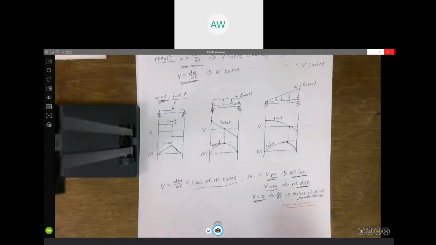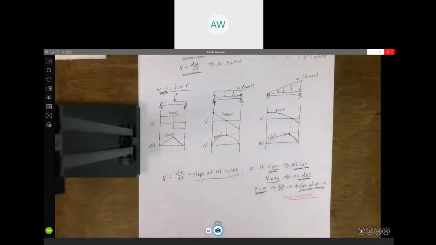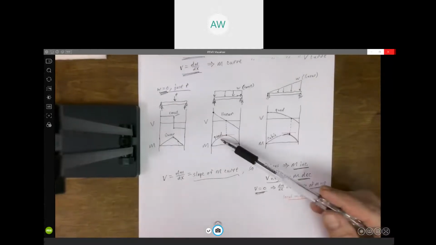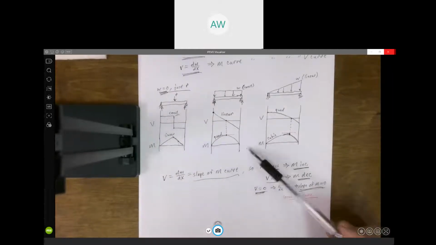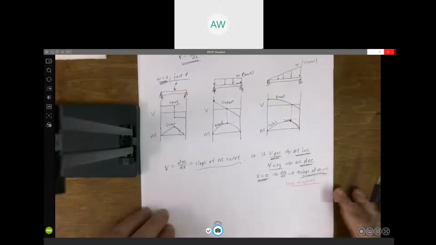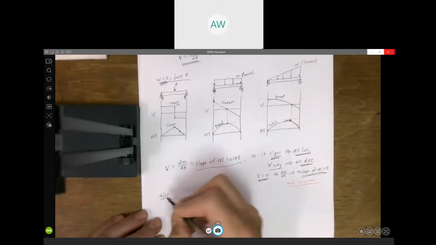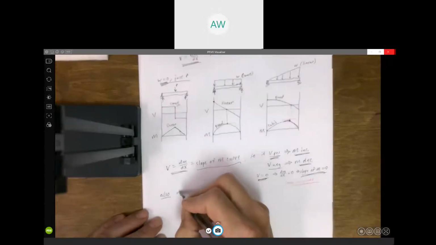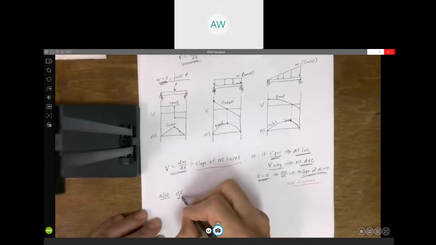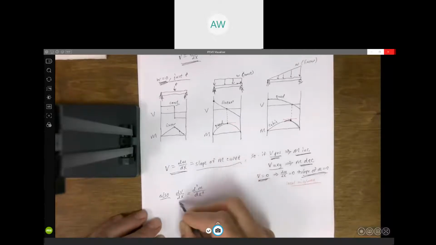Now, there's one other thing we need to do, because some of you may be wondering. Yeah, I drew this quadratic and this cubic. How do we know that it curves like this, concave down, as opposed to concave up? Well, that's the last thing we're going to look at in general. If V is equal to dM/dx, then if we take the derivative of V, that would be equal to the second derivative of our moment function.